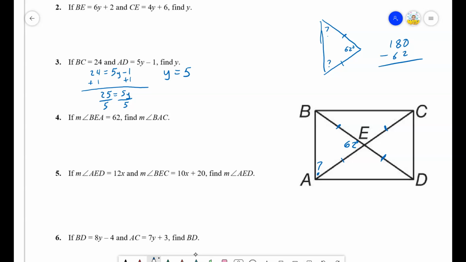And that leaves me 118 degrees. But remember that 118 degrees is the total of both of those angles. So we would take our 118 and divide that by 2, and I think we get 59 degrees. So the measure of angle BAC would be 59 degrees. What we have here is 59 degrees here, 59 degrees here, and 62 degrees would give us 180 degrees in that triangle.